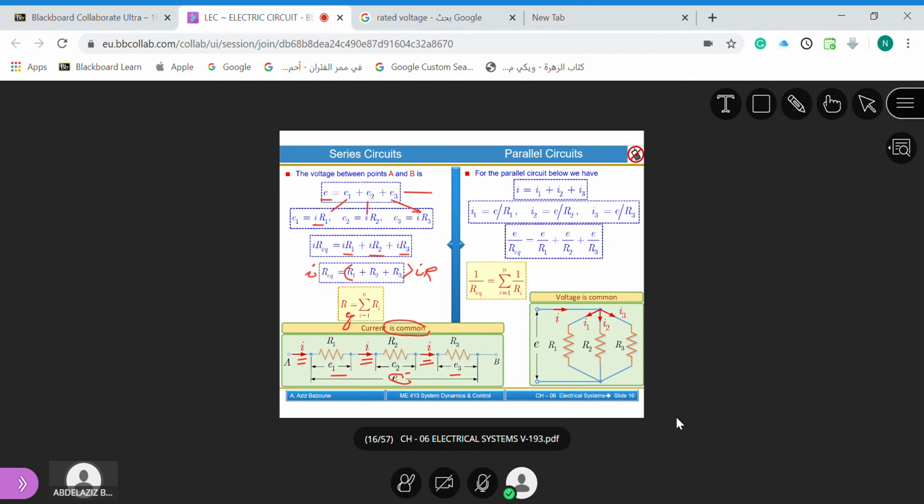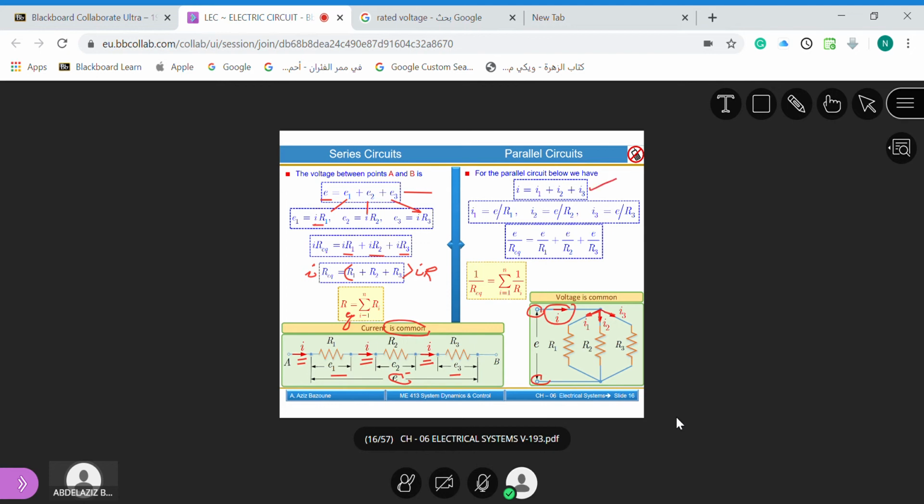If we have a parallel arrangement like this one, you can see the voltage across R1 is the same voltage across R2, is the same voltage across R3, so the voltage is common. In this case, I will be divided into three portions: I is equal to I1 plus I2 plus I3.